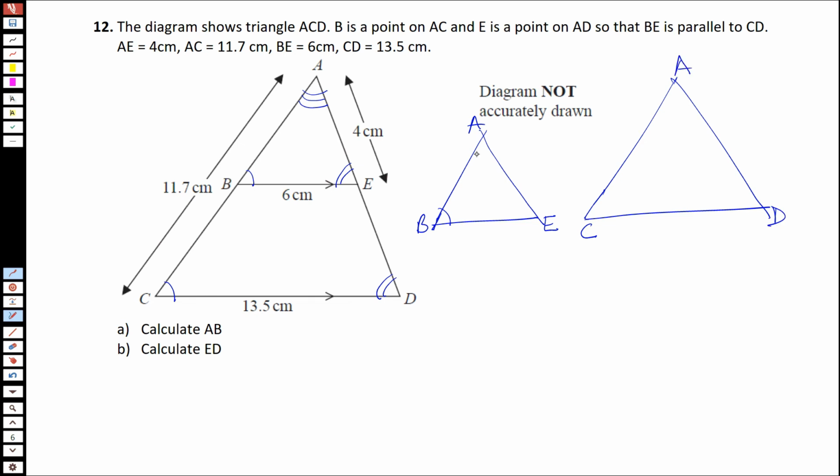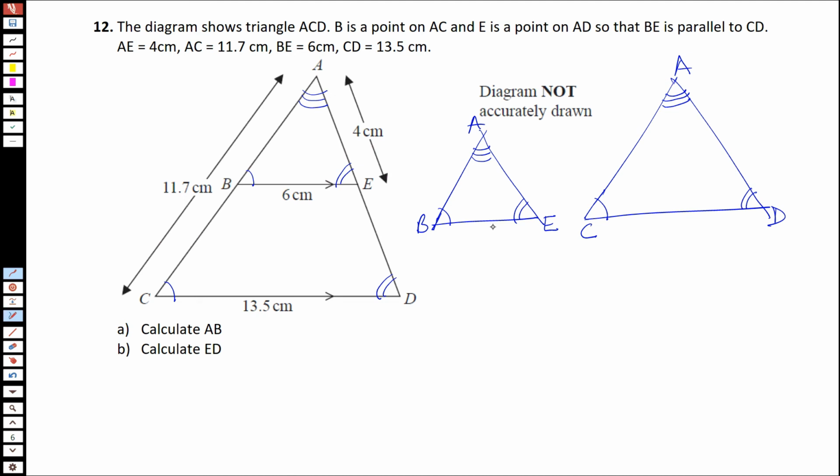You can see that both of them share angle A, which is marked here. This angle here, angle C, is equal to angle B, and angle E is equal to angle D. All right, now we have two similar triangles.